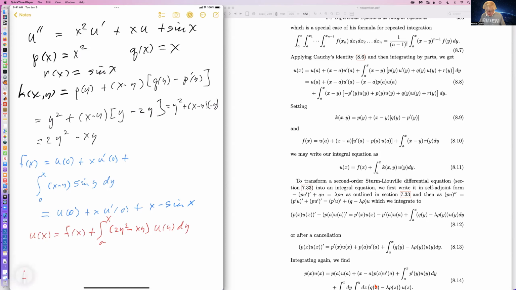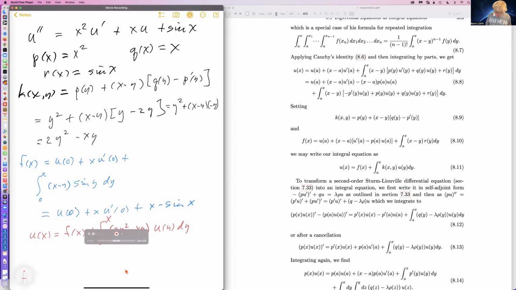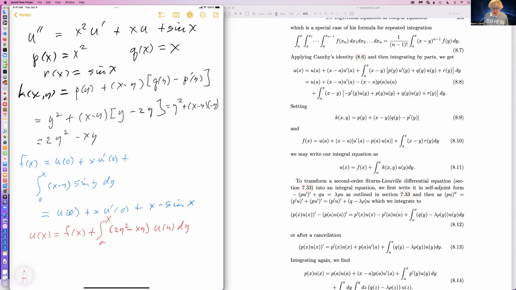Now we can't do this integral because it involves the unknown function u. We know what f is, but we don't know what u is. So this is our equation. And in full detail, it is u of 0 plus x u prime of 0 plus x minus sine of x.